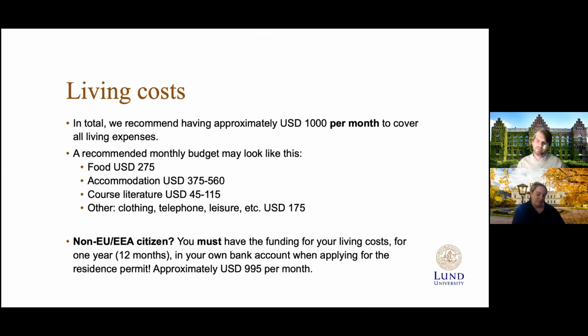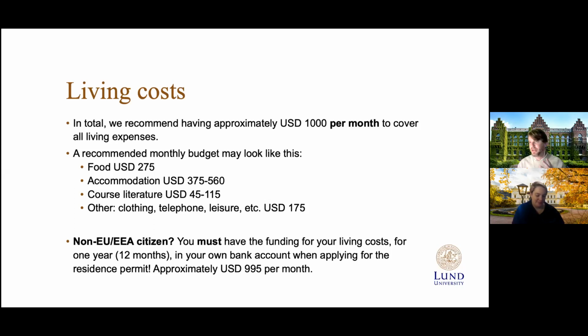So a recommended monthly budget could look something like this. So you might spend around, this is of course all an approximation, and you can of course always spend more money. And in fact, I know of many international students who have spent less than this as well.